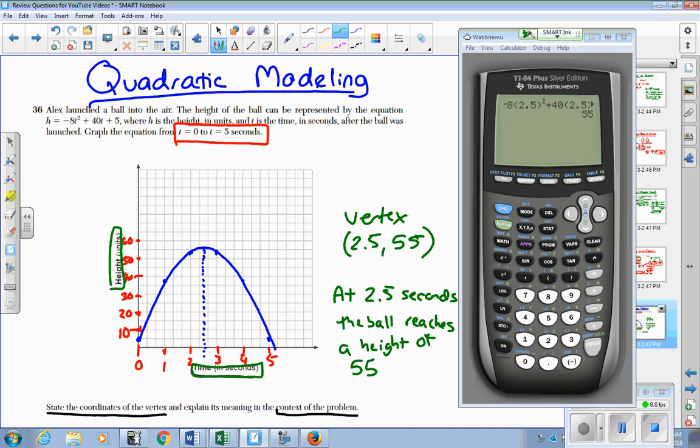And they don't give us feet or anything. In this case, they say units. So, for the context, this will suffice. And you want to focus on what the numbers actually represent. So we get 2 points for the graph, 1 point for the vertex, and then the final point for explaining the meaning in the problem.